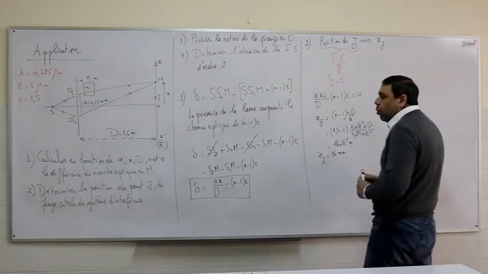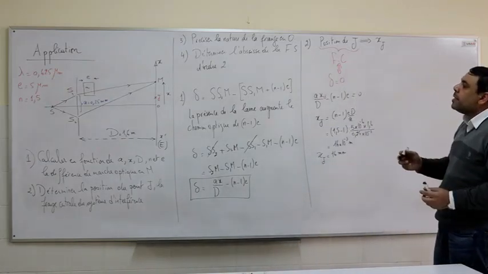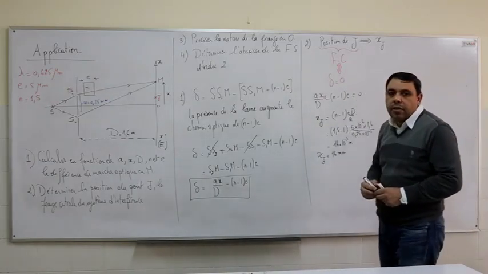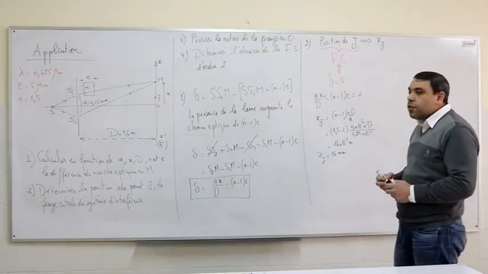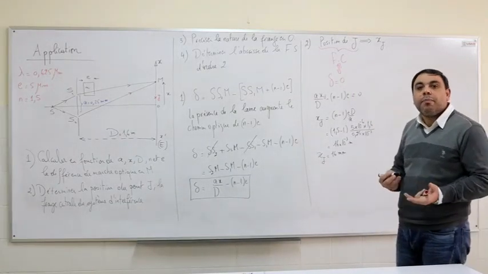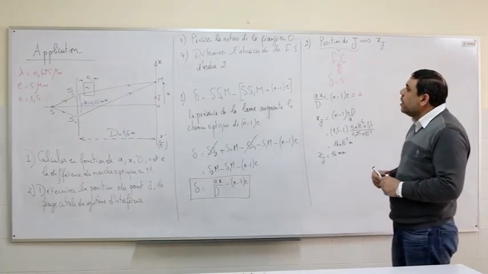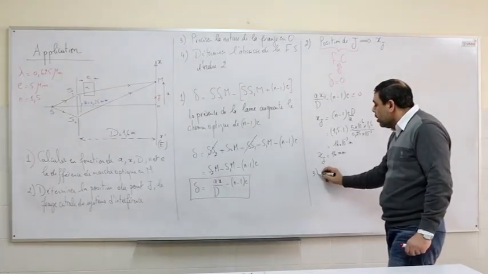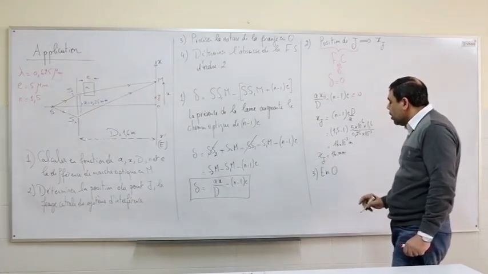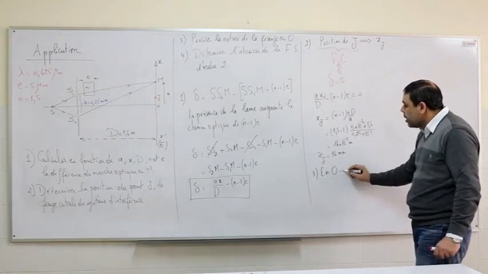Now for part 3. Specify the nature of the fringe at O. So what is this fringe that replaces the central fringe at O? At O, that is to say the point of abscissa 0.